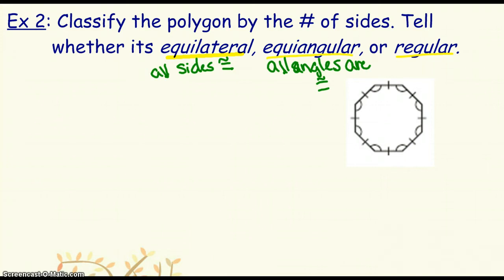So let's take a look at the figure that we're given. This is 1, 2, 3, 4, 5, 6, 7, 8. So this is an 8-sided figure. So the polygon's name is an octagon.